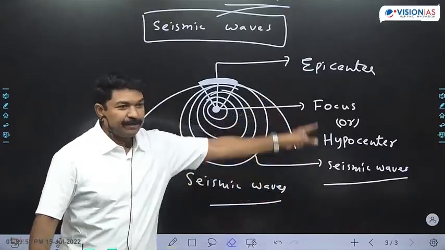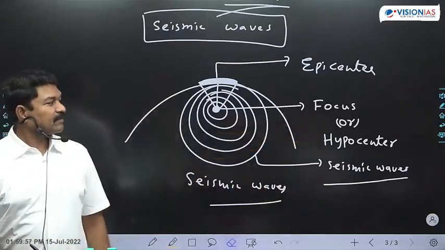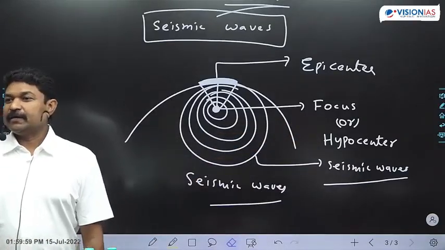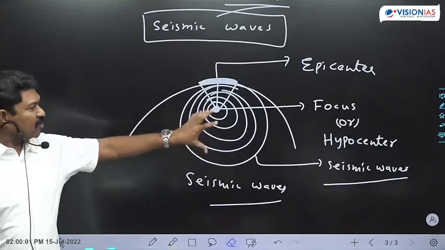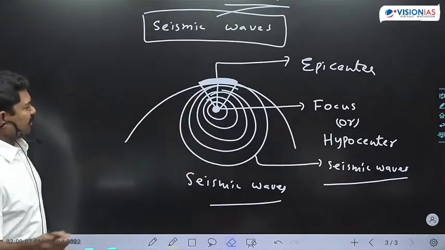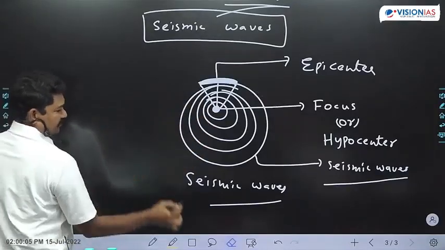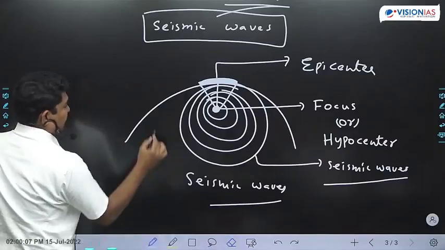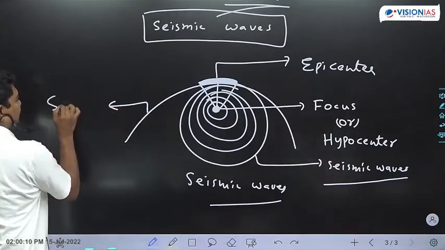Come and draw this picture. Mention the parts. The parts are very important. A small diagram makes a lot of difference. Draw a small picture like this. Show that this is the surface of the earth.